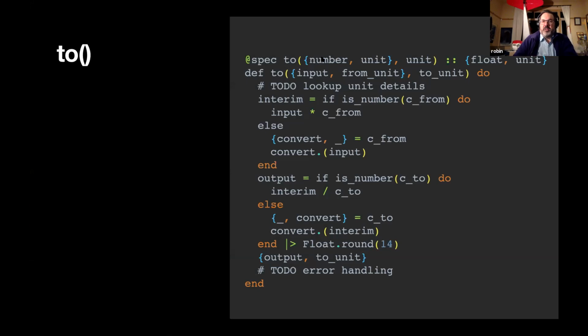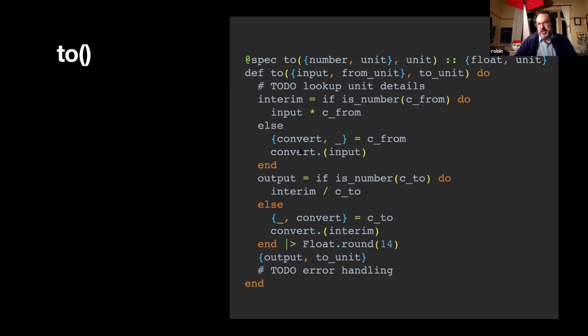So, okay, here's our specification. We're going to take one of these qualified values, a number with a unit, and then we're going to convert it to this unit, and the output's going to be a number and a unit. So here we go. We're going to do some looking up of the unit details. I'll leave that out for a sec, but basically all we're going to do is, here's our numerator, and we're going to multiply it by the from coefficient.